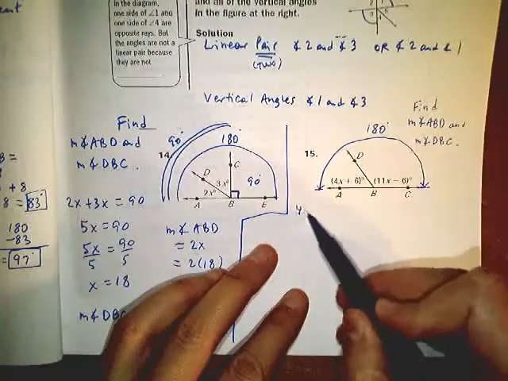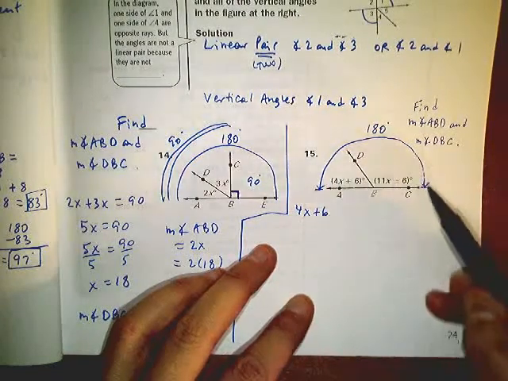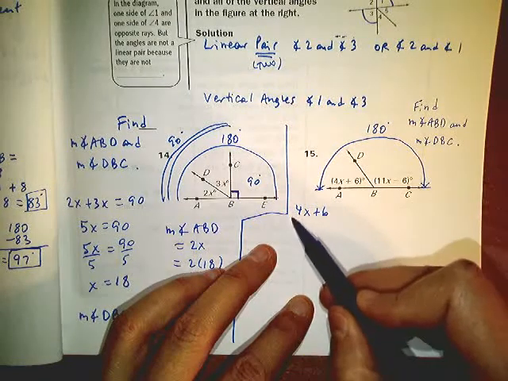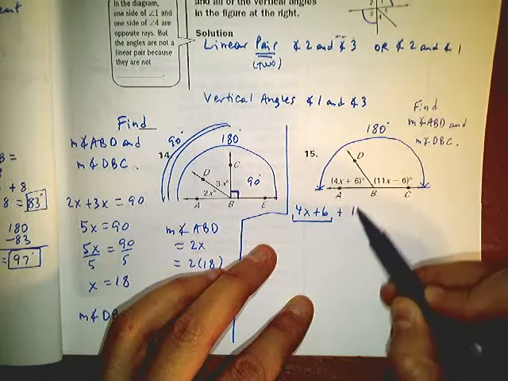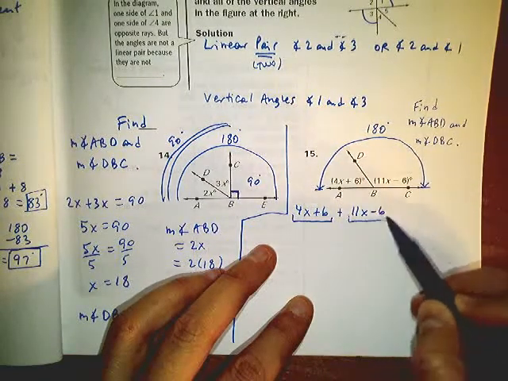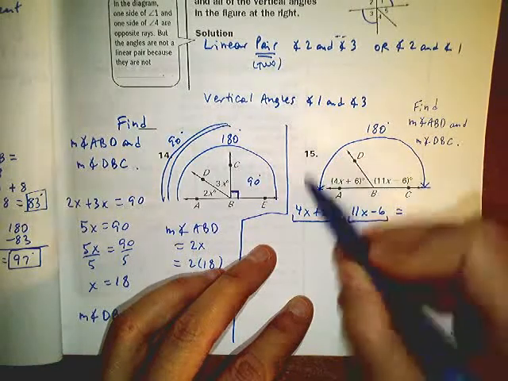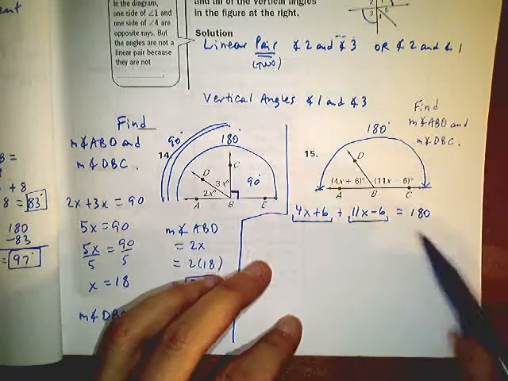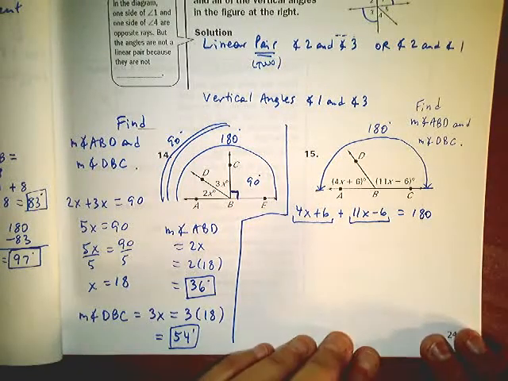So first I'll use the thing that I see is true. I see this part plus this part gives me the total of 180. So my first angle part plus my other angle part gives me a total of 180. So I'll have to set up this equation and then solve for x first.